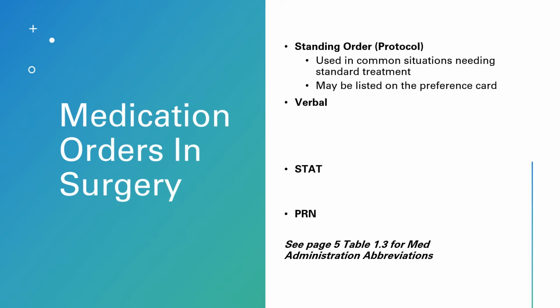All right, so standing order. This is just protocol. These are things that are used in common situations needing standard treatment. Okay, a lot of hospitals, if they're working with JCO for accreditation, you might hear about the Surgical Care Improvement Project, or SCIP is what they'll call that.